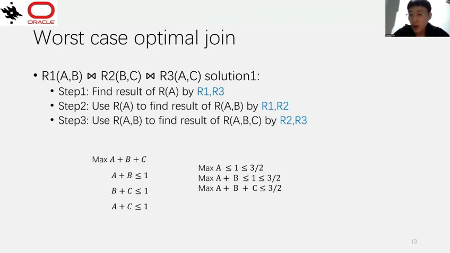Since we only generate projections or the final result as intermediate results, they will not exceed the size bound. So the intermediate results of A, AB, or ABC are all less than the final worst case result.